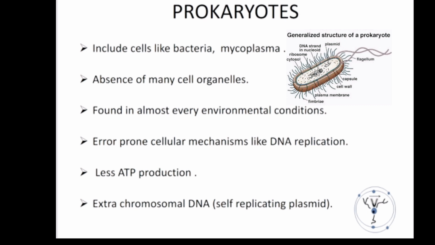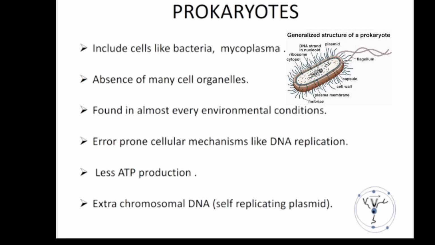Such a model, since very basic in structure, does not have many parts, hence requires very little energy for survival. That is why we do not see much ATP production in the case of bacteria and lower forms.